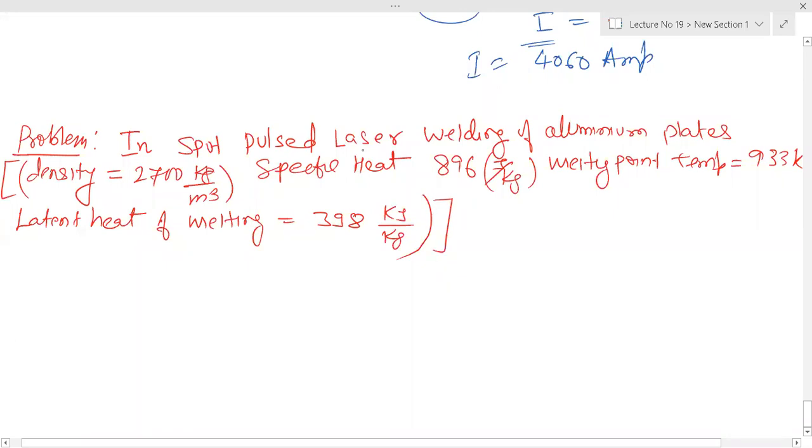In a spot pulse laser welding of aluminum plates, density is given, specific heat is given, melting temperature is given, latent heat of melting is given.